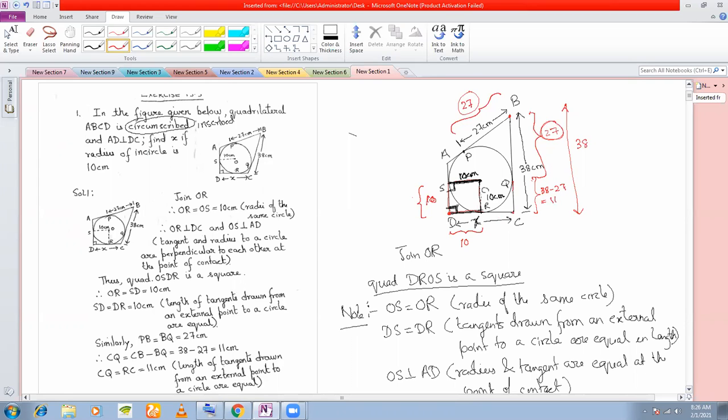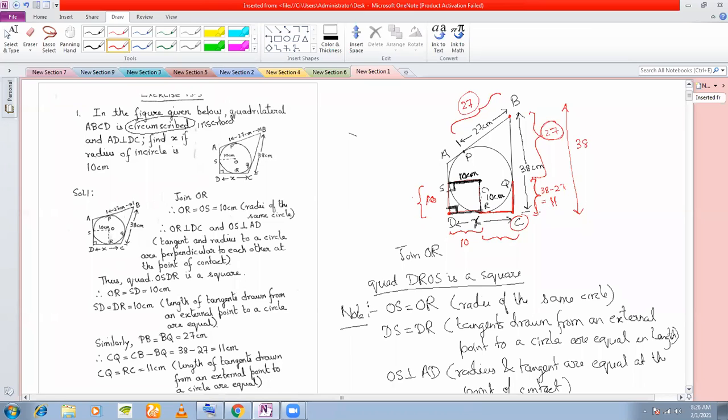But if you see this length, this line is also a tangent drawn from what point? C. And this length CR is also a tangent drawn from C. So this length here becomes the length of the tangent CQ, and CR must also be a tangent drawn from C. So this length must also be equal.